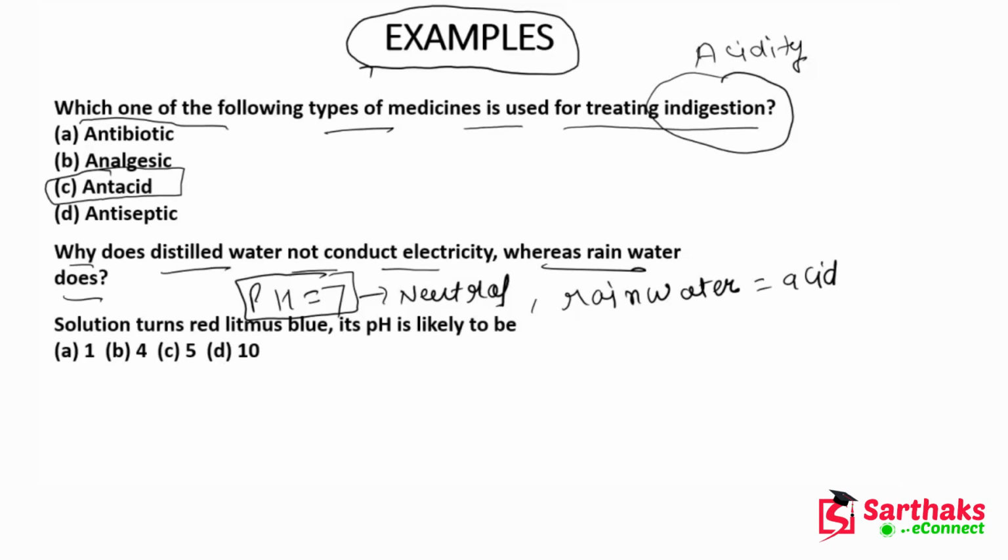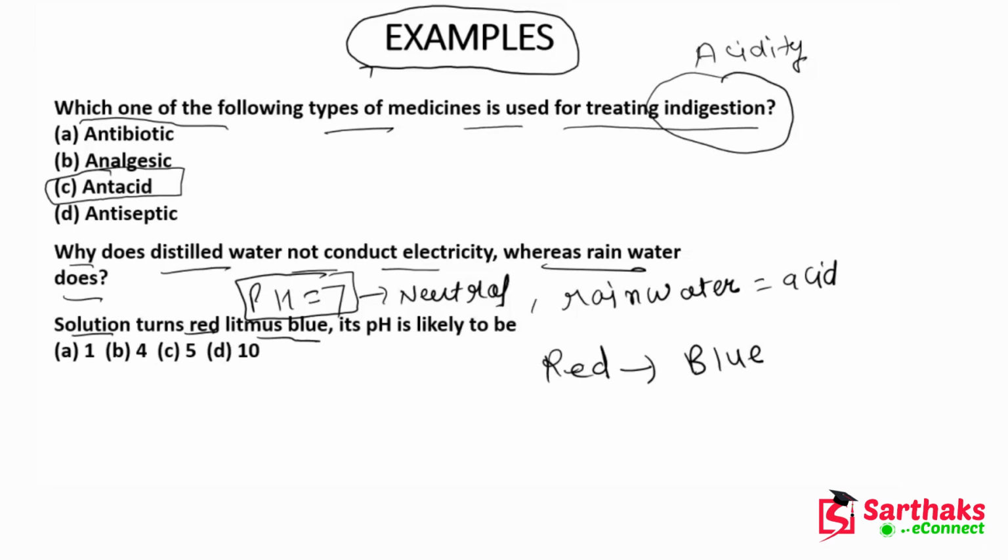Now guys, let's talk about the other example. A solution turns red litmus blue. Its pH is likely to be? We all know that if the color of red litmus paper has turned blue, that means the solution is basic in nature.